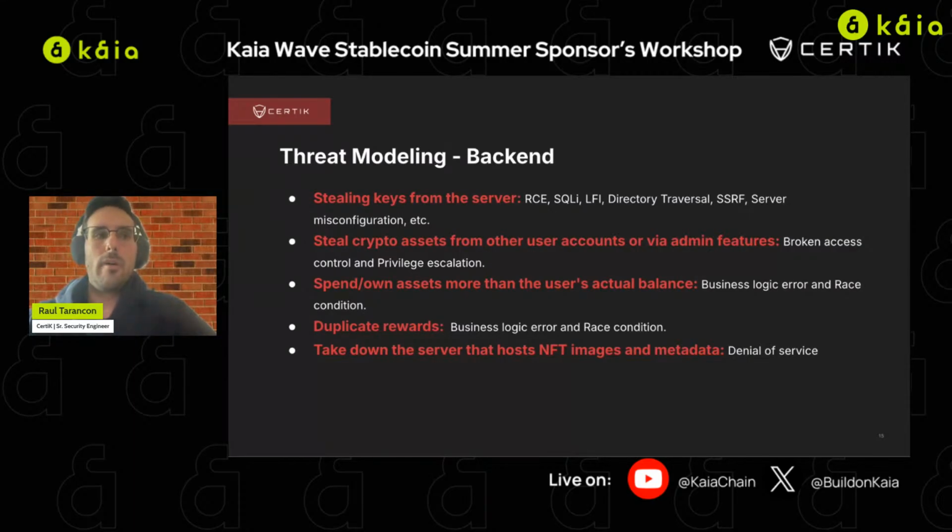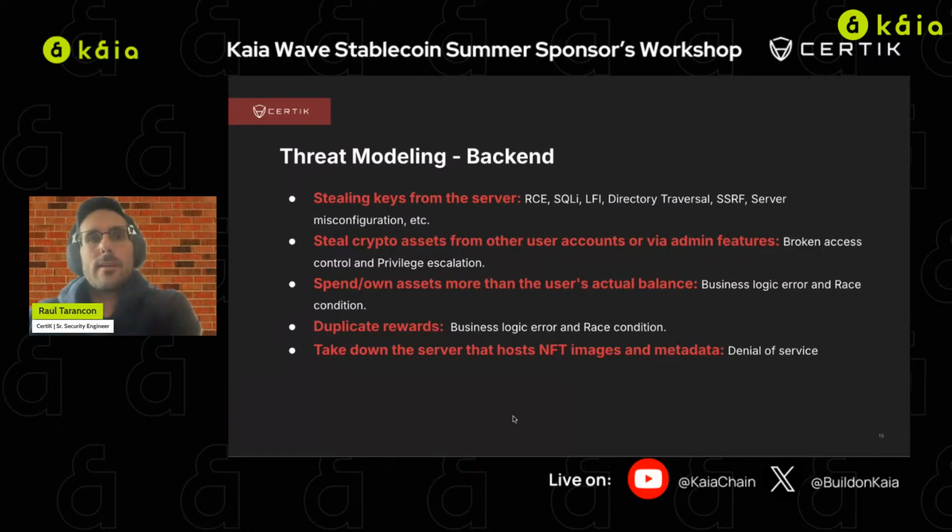So if our Mini-Dapp has a lot of logic in the backend, with vulnerabilities such as broken access control and privilege escalation, an attacker can move some crypto assets from one user to another user.